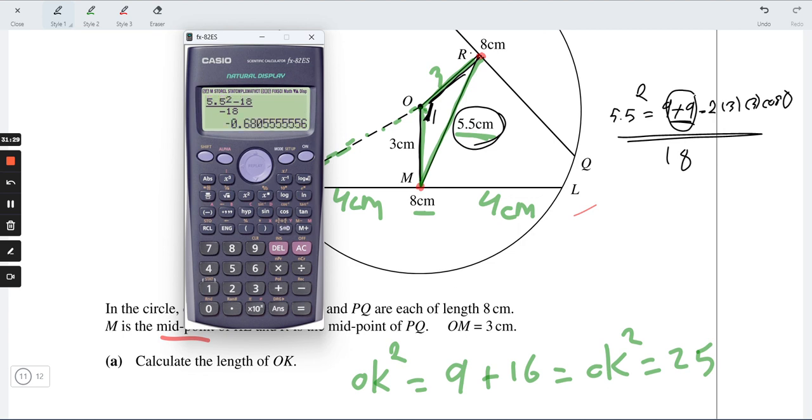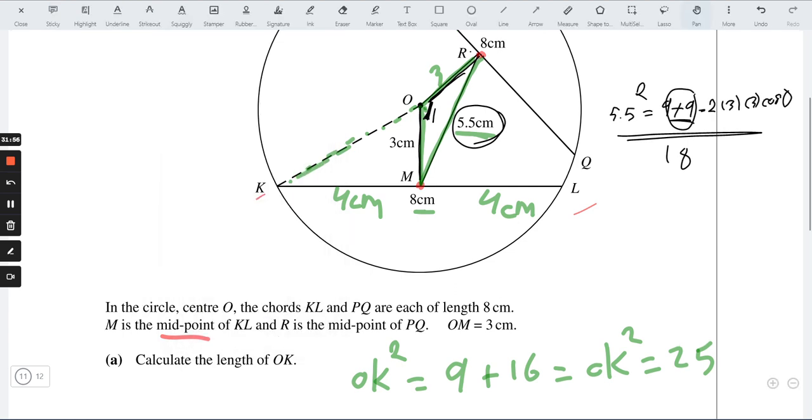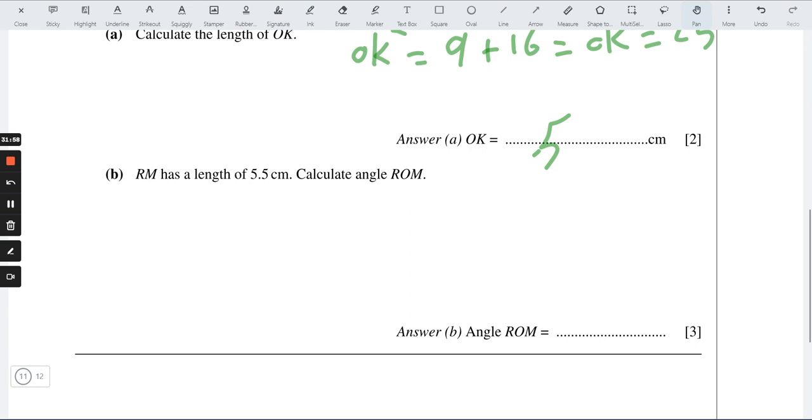Now take the answer and take the cosine inverse. We get 132.8, and to one decimal place it will be 133. This is the calculation here.